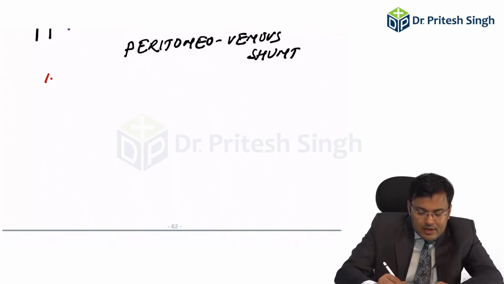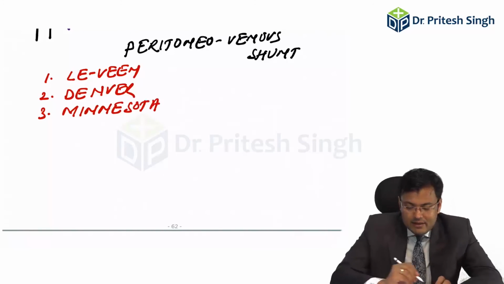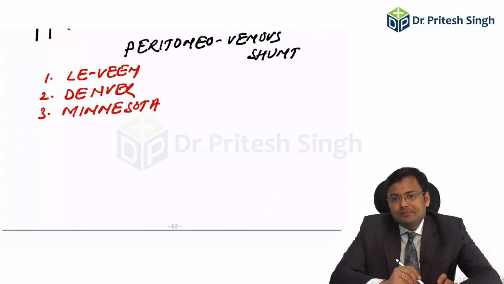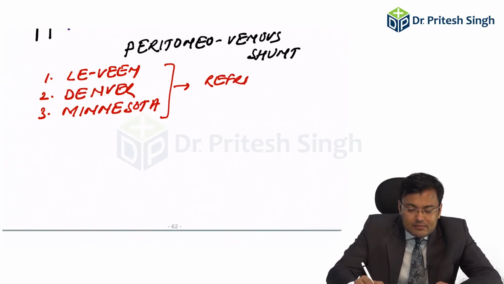First, Levine. Second, Denver. And third, Minnesota. Levine, Denver and Minnesota. So how are these shunts used? These shunts are used for refractory ascites.